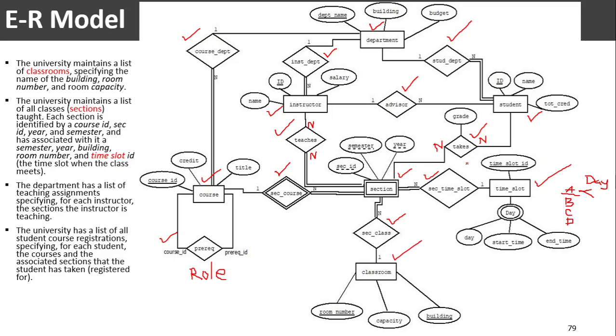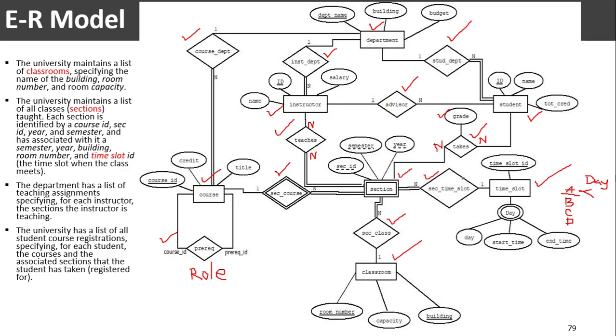Okay, now we have shown here one descriptive attribute, that is grade. So what is this grade? Every student is securing some grade for that section. So grade should be the descriptive attribute for this relationship set takes, and that has been depicted over here, right?